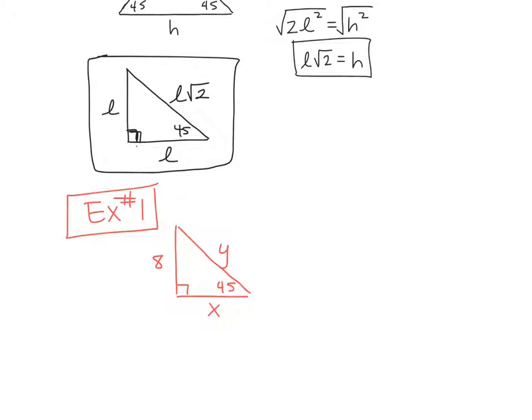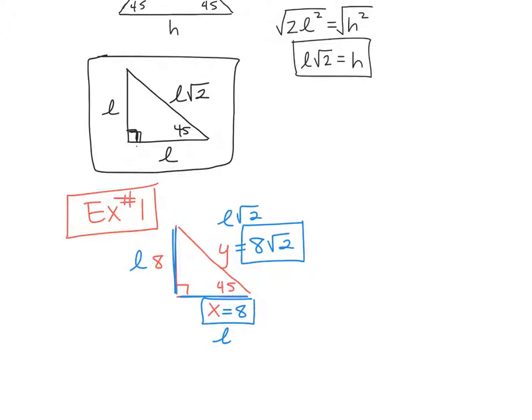X should be just 8, right? Because that's one of the legs, and your legs are always the same. So if this leg is 8, then this leg is 8 also. Okay, so X would be 8. What's Y? That would be 8 rad 2, right? So it's your L, L, and L rad 2. So 8, 8, and 8 rad 2. Okay, so your leg would be 8, your hypotenuse would be 8 rad 2. Questions on that?